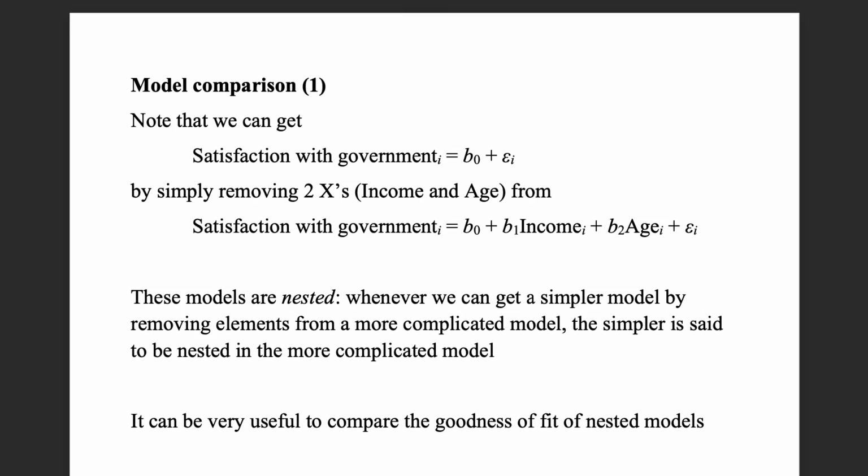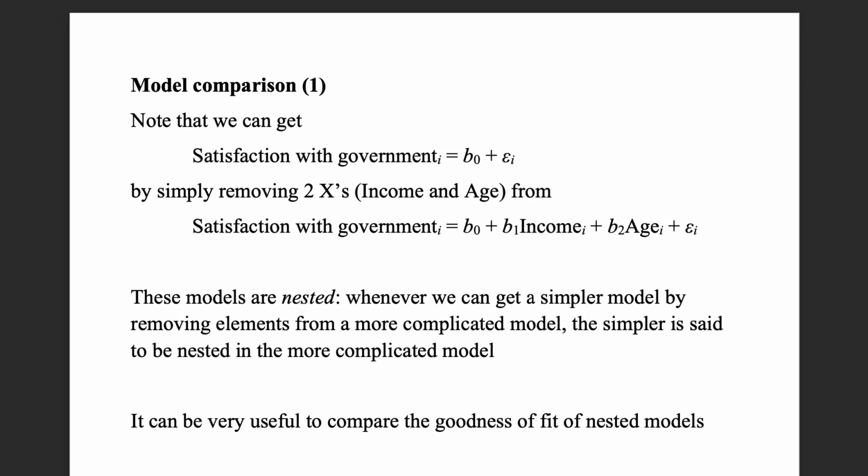And that's actually often super useful, because that means we can systematically compare different models that are nested within each other in terms of how well they fit the data. Because now we're talking about multiple regression models. That means, in theory, we could have any number of X variables in our model. So it becomes more important now to decide on what X variables to include.